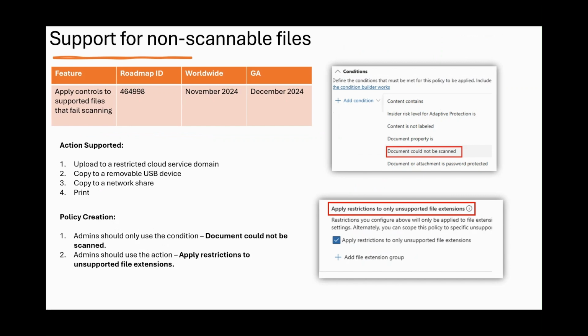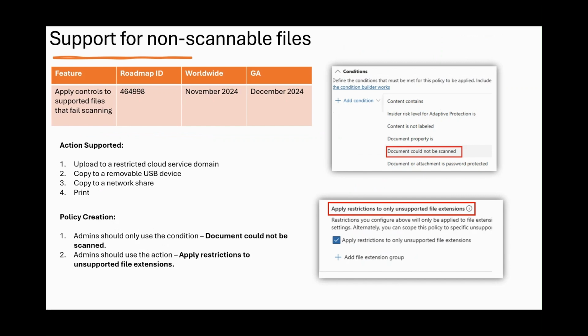In order to make use of this feature, the admins will have to use the condition document could not be scanned, and the admin should use the action apply restrictions to unsupported file extension.